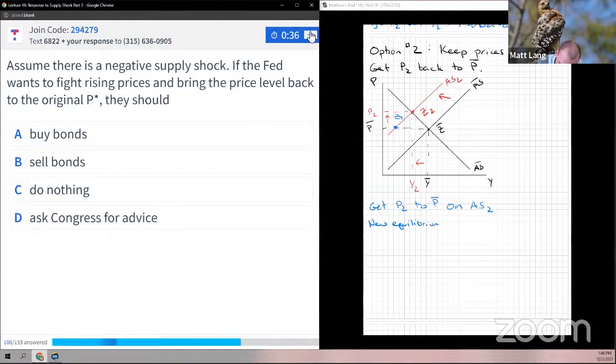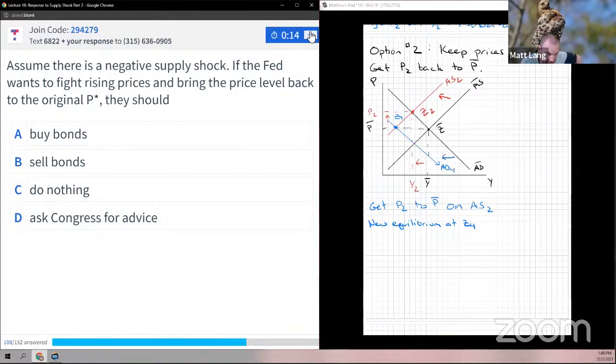How does the Fed get there? They've got to reduce or decrease AD. So we go from AD bar to AD4, okay? Now we've got to decrease this AD curve, right?